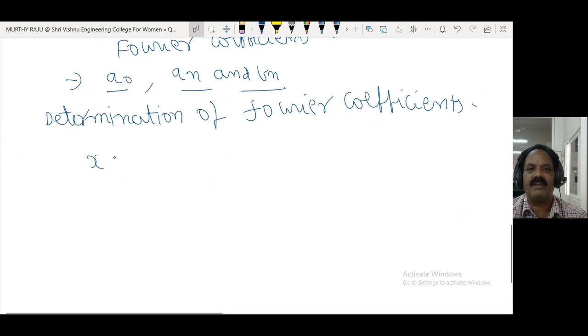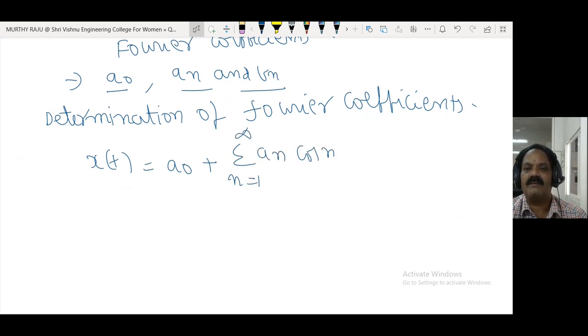We know that x of t is equal to a naught plus sigma n is equal to 1 to infinity of an cos n omega naught t plus sigma n is equal to 1 to infinity of bn sin n omega naught t.